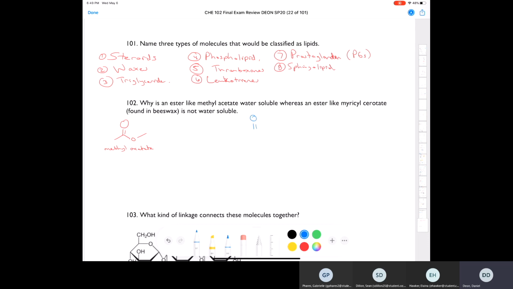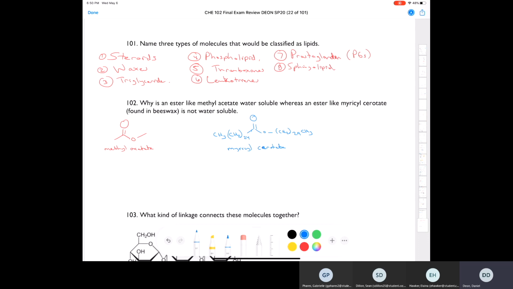I'm going to have to do the condensed version here because it's just way too big. So CH2, look at these, 29 of these, okay? So it's a 30 carbon alcohol, sorry. And then over here, this fatty acid has 26 carbons in it. So this is myricyl cerotate, right? There we go.